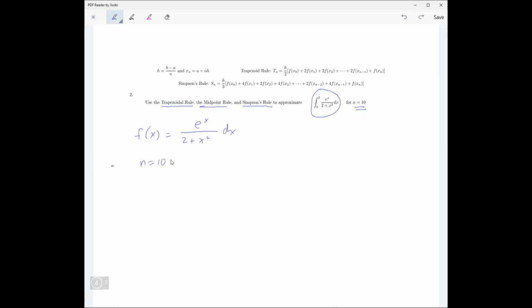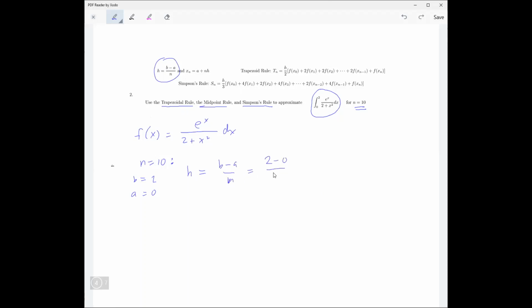N equals 10. So b is 2 and a is 0. The h, we got from this formula here, it's b minus a over n.